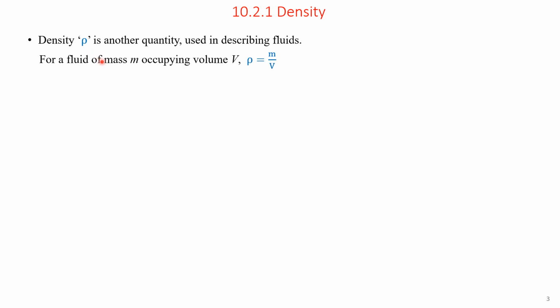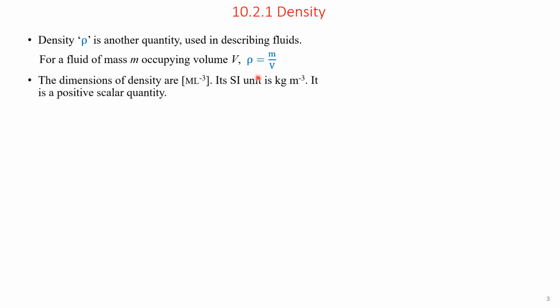For a fluid of mass m occupying a volume V, rho is given by the relation rho is equal to mass over V, where m is the mass, V is the volume and rho is the density. The dimensions of density are ML to the power of minus 3 and its SI unit is kg per meter cube. It is a positive scalar quantity.